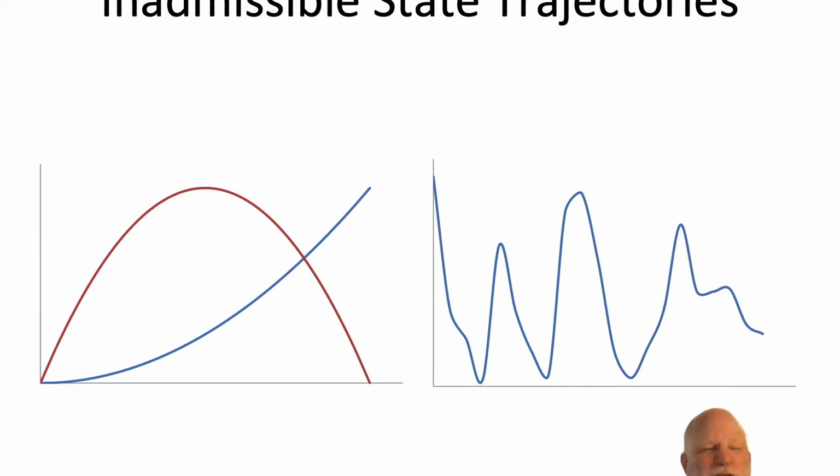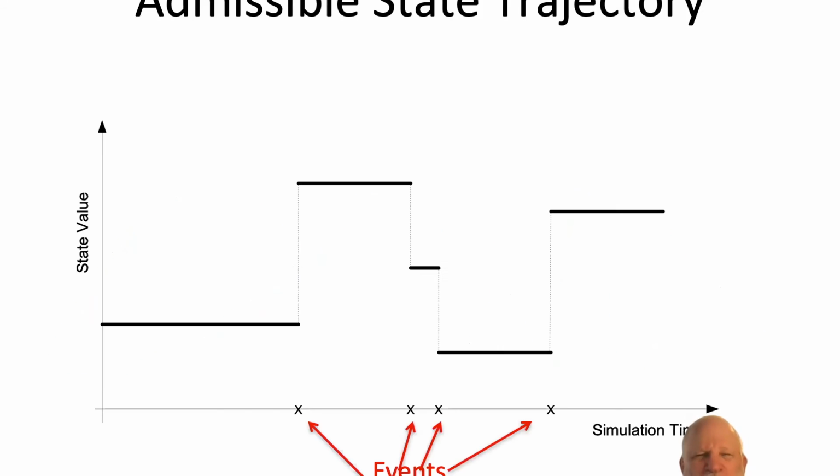If I'm modeling something like coronavirus cases, we've seen a lot of graphs that look like this blue one. Or it may look like this thing on the right. Notice these are all continuous. Those are inadmissible. In a discrete event model, we cannot have a state trajectory that looks like that. All of our state trajectories must look like this.